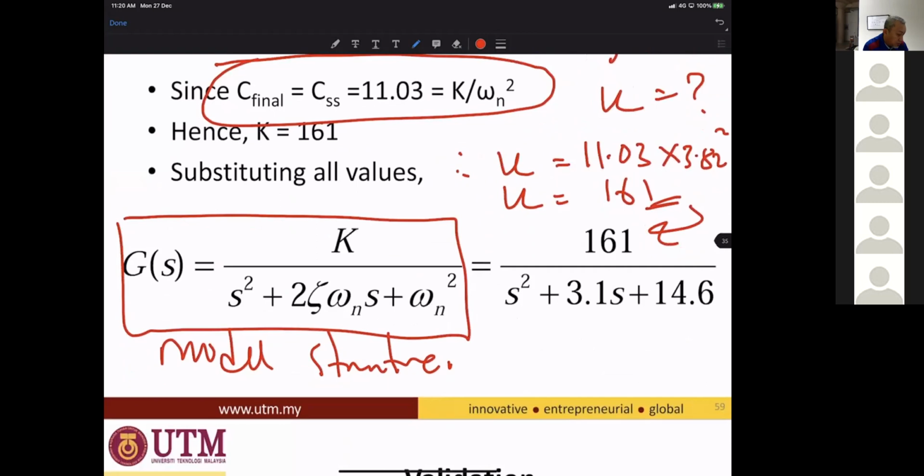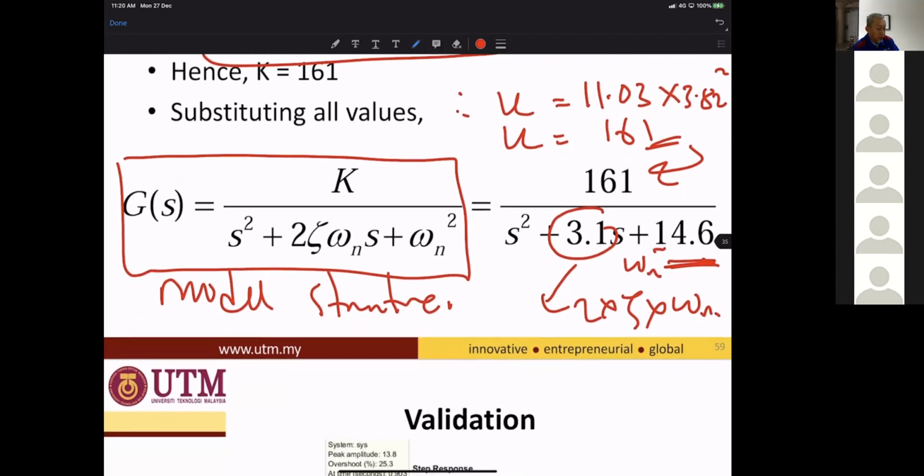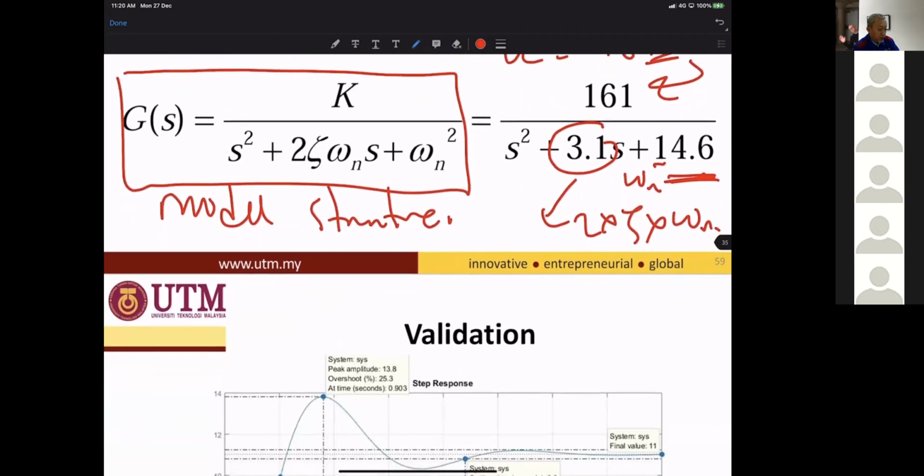So you insert the omega n value. This one is 2 zeta omega n, and this one is omega n squared. So you get 161 over s squared plus 3.1 s plus 14.6, the second order.